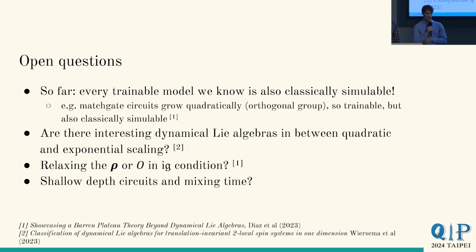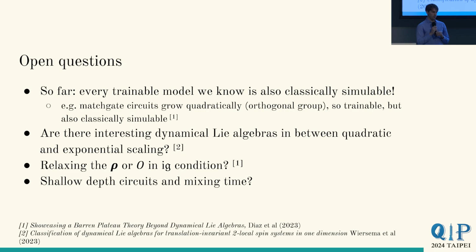So first of all, there are some results out there that say that when you don't have uniform initialization, and you have instead, for example, Gaussian initialization, then you don't have Barren plateaus.